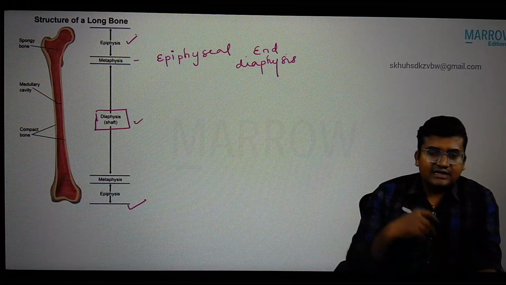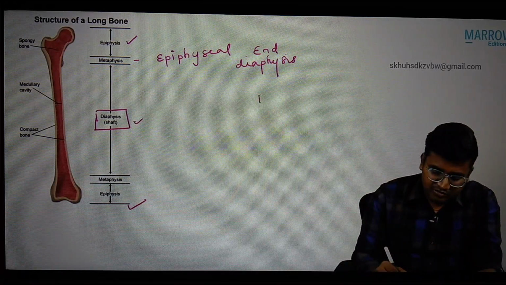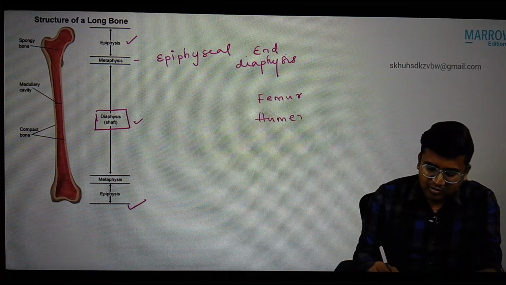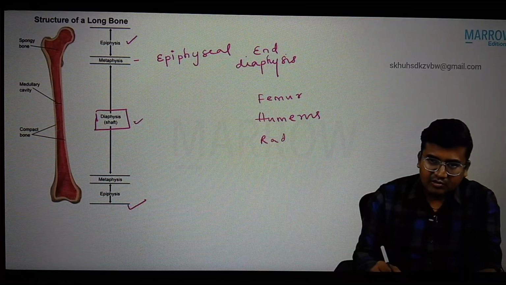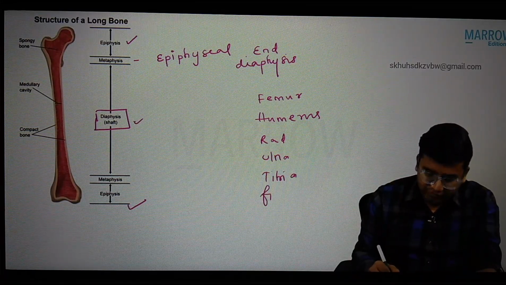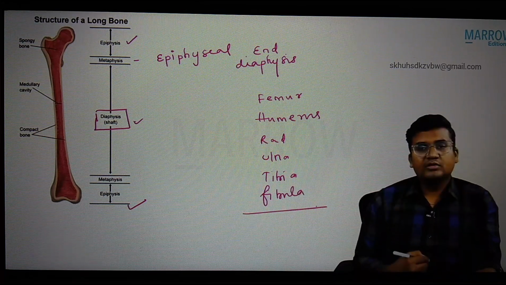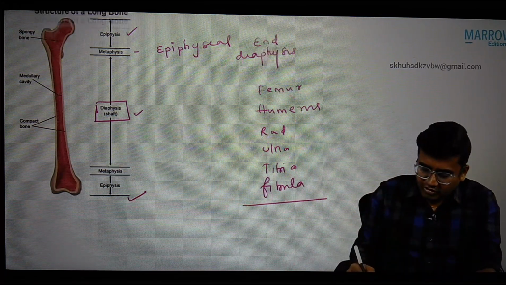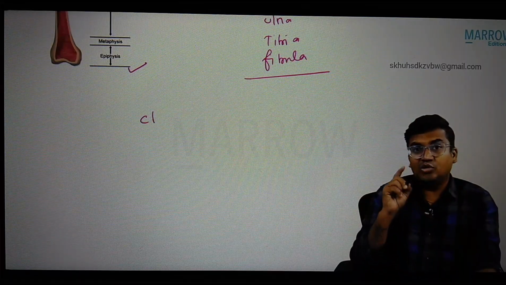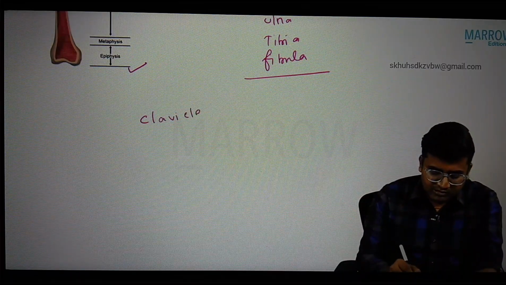Long bones are the femur, humerus, radius, ulna, tibia, and fibula. Now we have one more bone called clavicle. That is also a long bone, but it is a modified long bone.